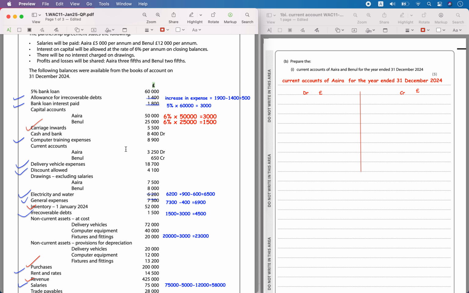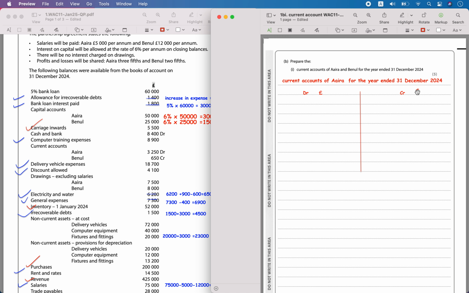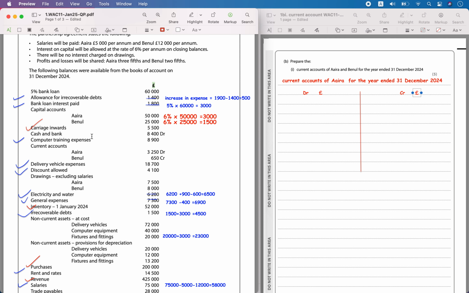So first the opening balance. The opening balance for the current account starts on the credit side. Here, for Aaria, they have given that Aaria has a debit balance of 3250. So let's write that.